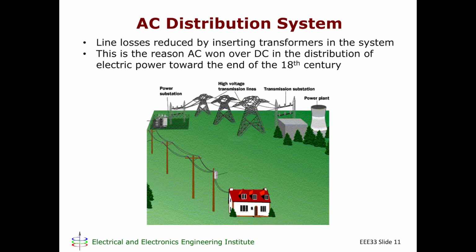And then you're going to have a distribution substation that will bring down the voltage from that intermediate voltage to a still high voltage. And then finally, you're going to have your distribution transformers that are going to distribute to your houses, stepping down from that high voltage to your utility voltage.